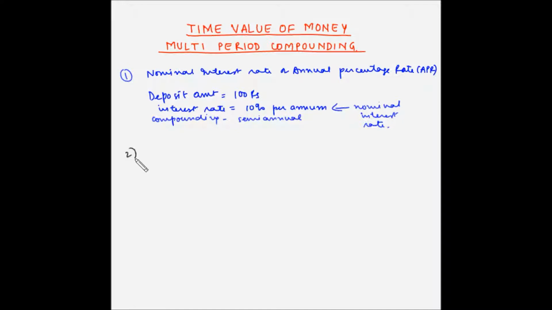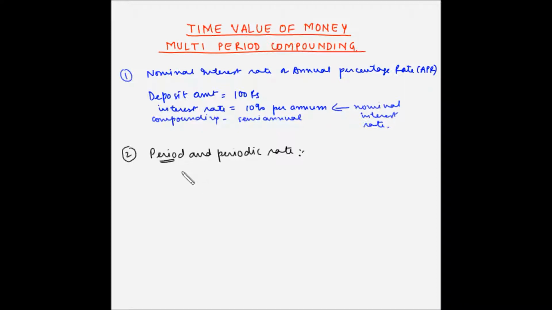Now let's move on to period and periodic rate. So let's first understand what is meant by period. I'll take a different example here than what I had taken in number 1, just so we understand this clearly.